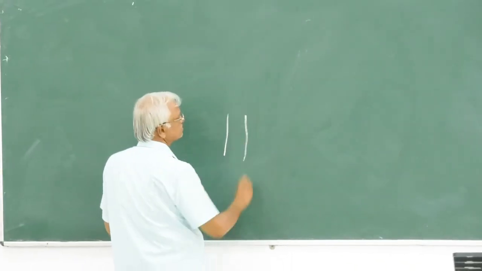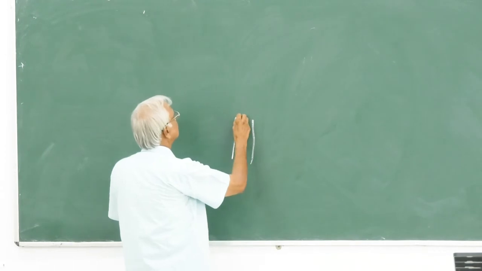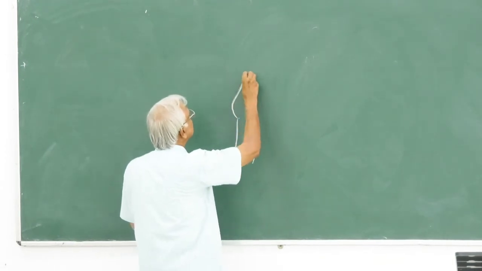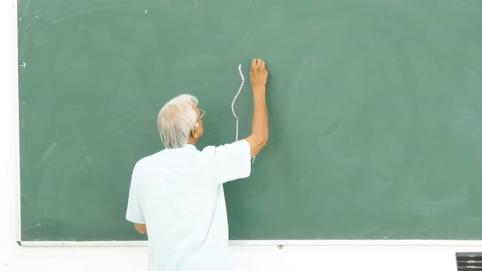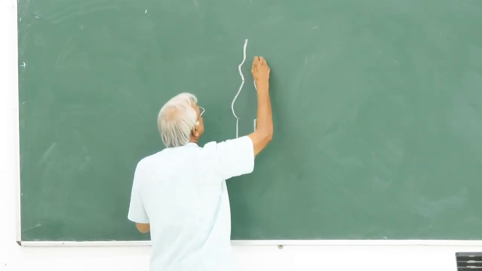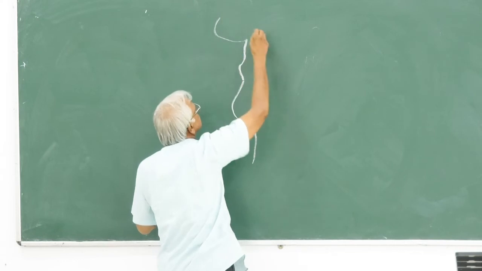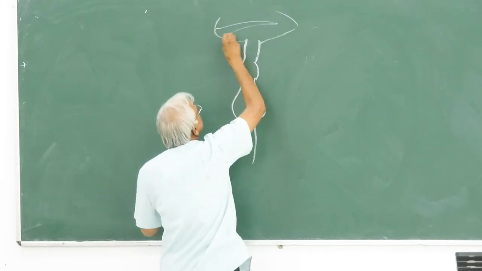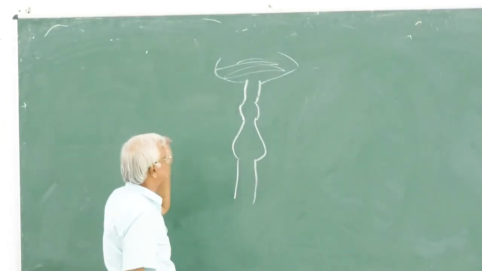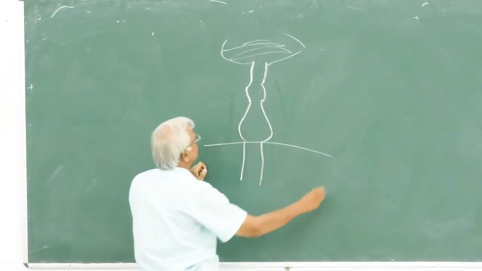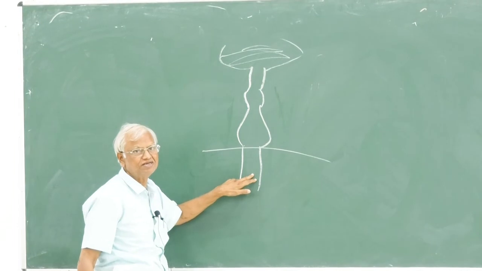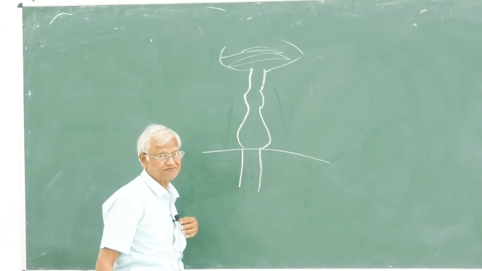This is the spinal cord. Then in the cerebral hemisphere. This is the brain stem, not the spinal cord. It is not a part of the brain. It is a part of the central nervous system.